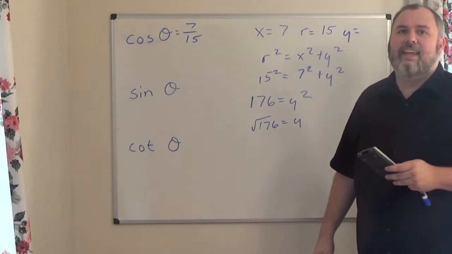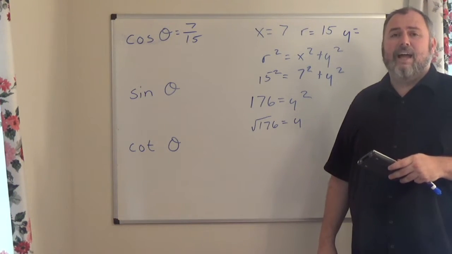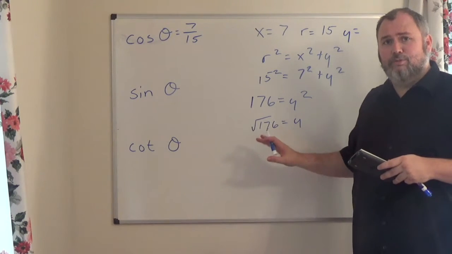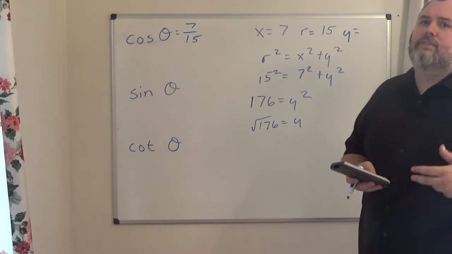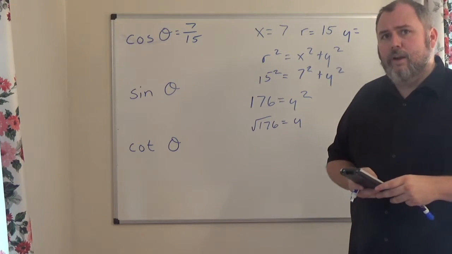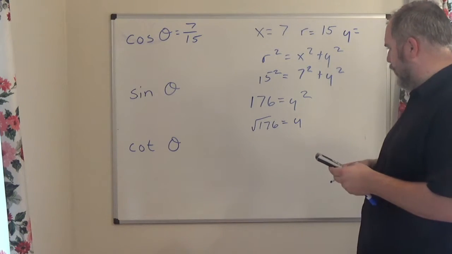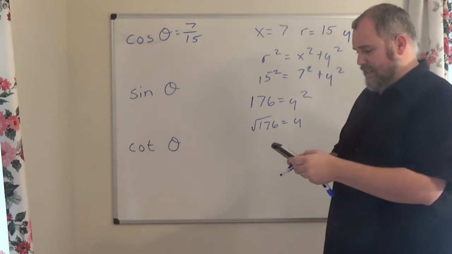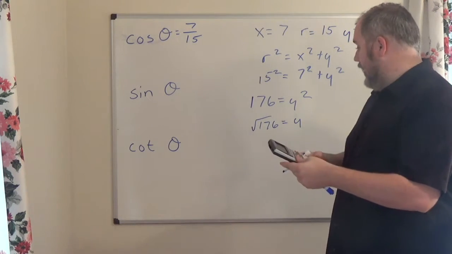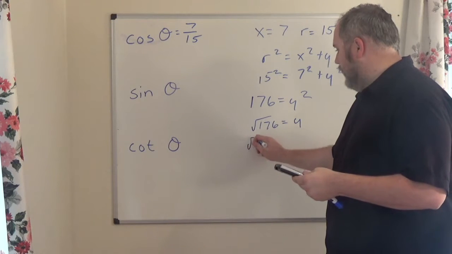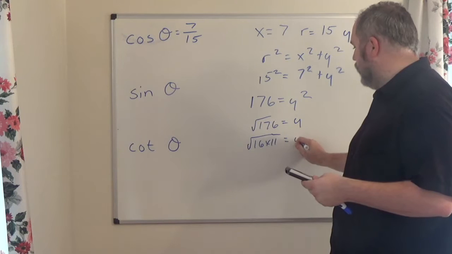We find out that a negative square root of 176 equals y. And for the sake of time, what I'm going to actually do is factor this out and simplify it and break it down. So what is the greatest perfect square that I can factor out? We can go through a bunch of things, but I think, if I'm not mistaken, it might be 16. So let's find out. 176 divided by 16. Yes, we actually find out that this is 16 times 11 is equal to y.